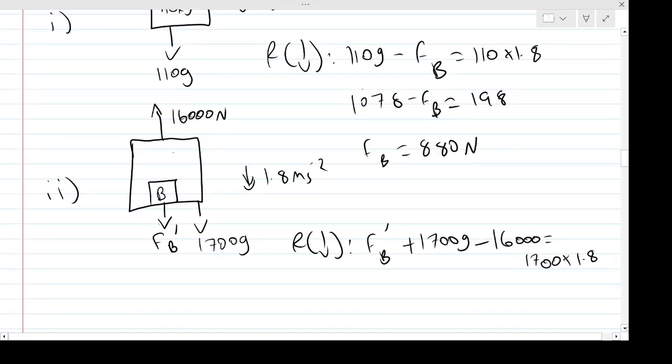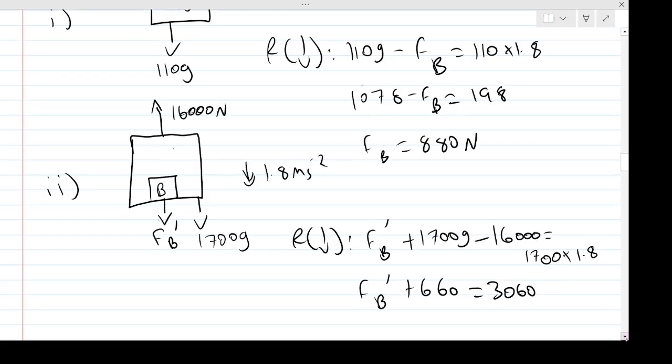If you simplify this, F B prime, and then if we do 1700 lots of 9.8, take away 16,000, we get 660 equals 3060. Okay, and there we are.